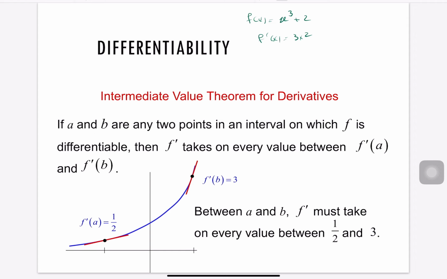And I put f prime of r. Instead of x, I put r, one number, for example -1. 3 times -1 power 2 will be plus 3.